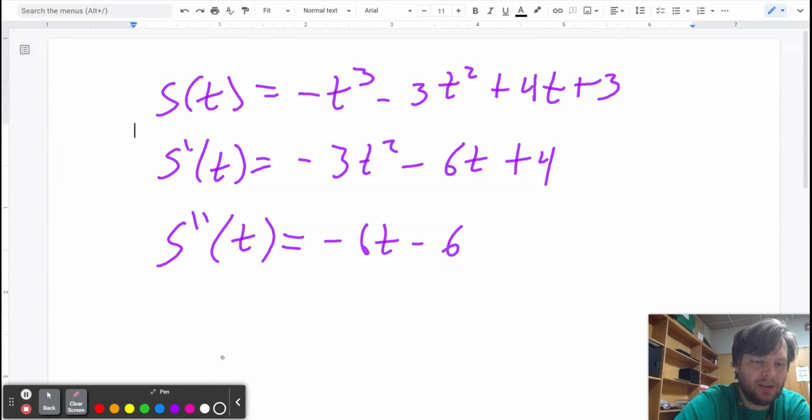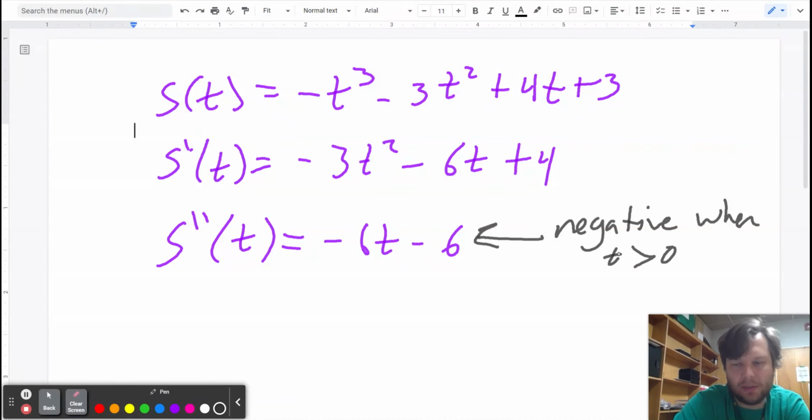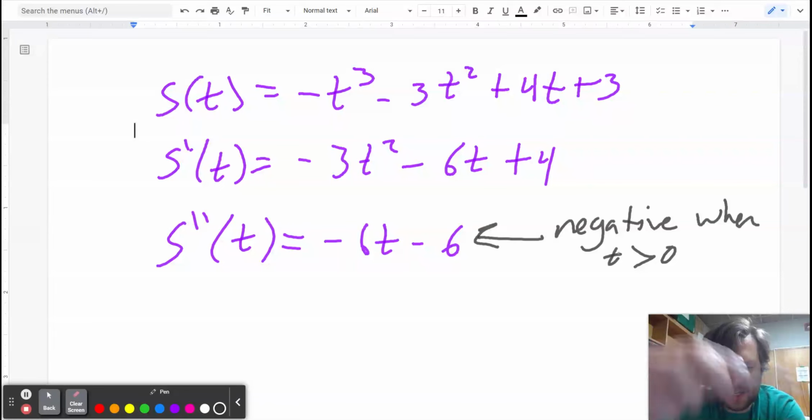So one thing I notice is that this right here is negative when t is greater than 0. It's actually negative a little bit more than that, but usually we just think of t equals 0 as the beginning of the situation. So if I'm thinking of a time t here, the second derivative is negative.